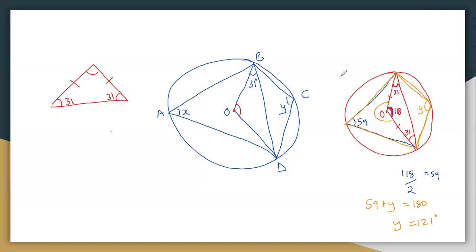Then after that I calculated 118 is equal to 2 times angle DAB. Then I divided it, and that's how I got 59. Yes, for X the approach is very fine.